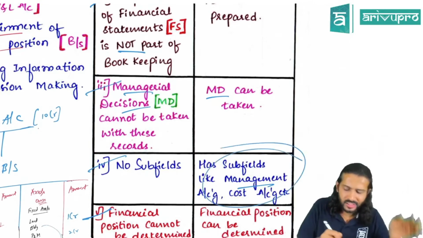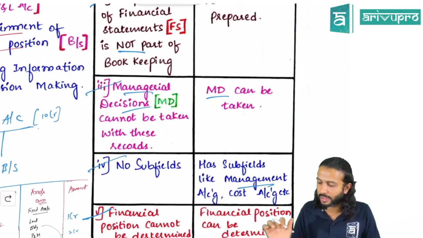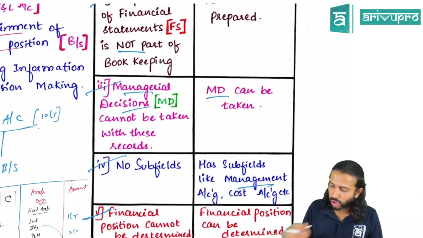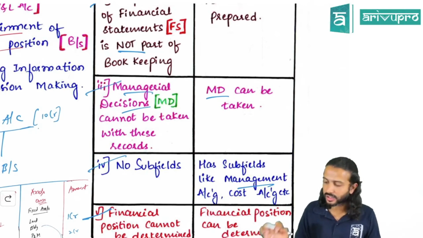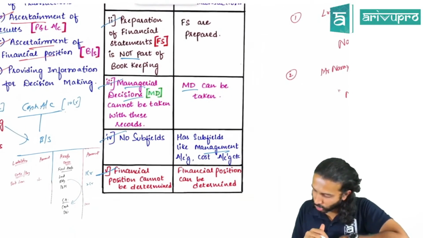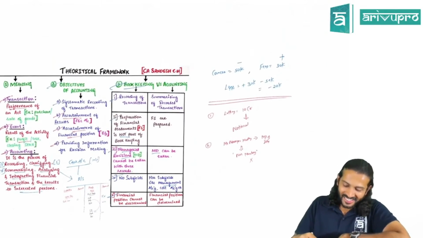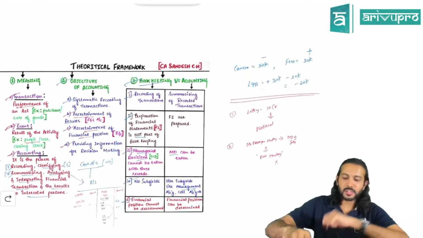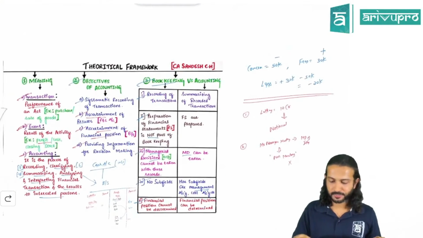Like this, you have various sub-fields available under accounting, which is not there for bookkeeping. That is another difference between bookkeeping and accounting. So these are the differences between bookkeeping and accounting.